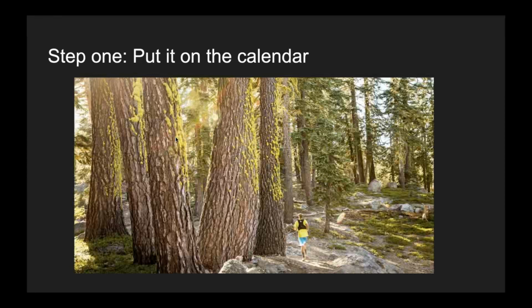So for your first race, I say step 1, put it on the calendar, but right now a lot of races are canceled, like most events are. I guess that's why we're here at PancakesCon. But still, I do recommend, even if you can't do an official race, just say, on this date, I am going to run 5 miles.